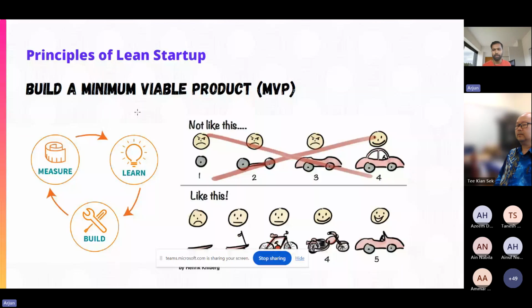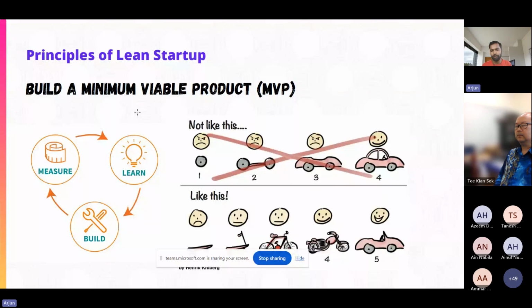Let's say people are so poor they don't have their own personal vehicles, so the existing vehicles in the market are not able to satisfy their cost requirements. Let's say that is the problem you have identified. Now how will you build a minimum viable product?